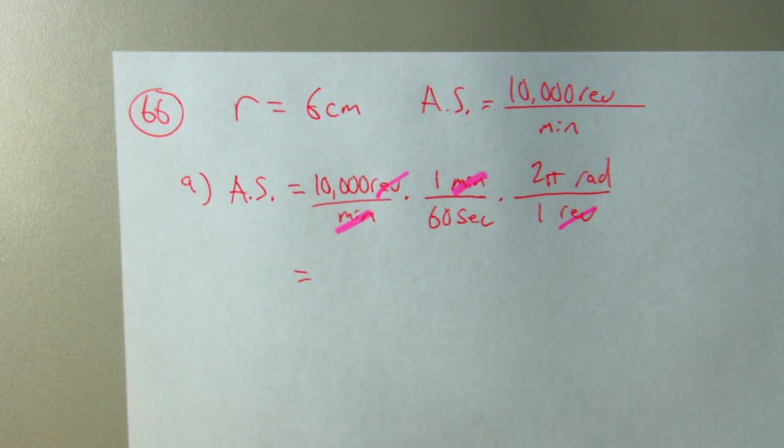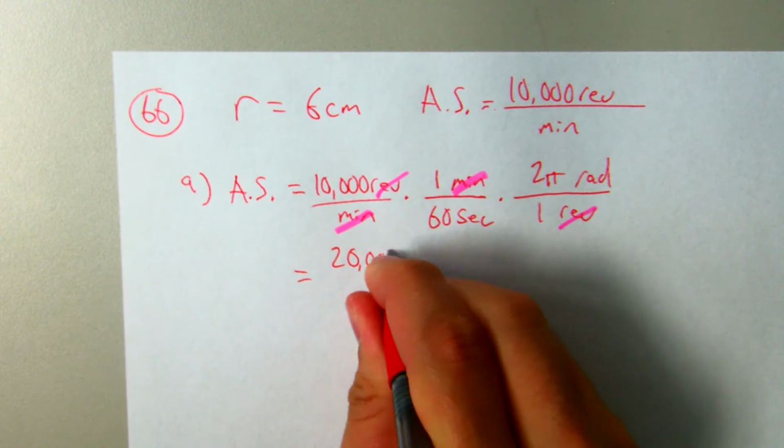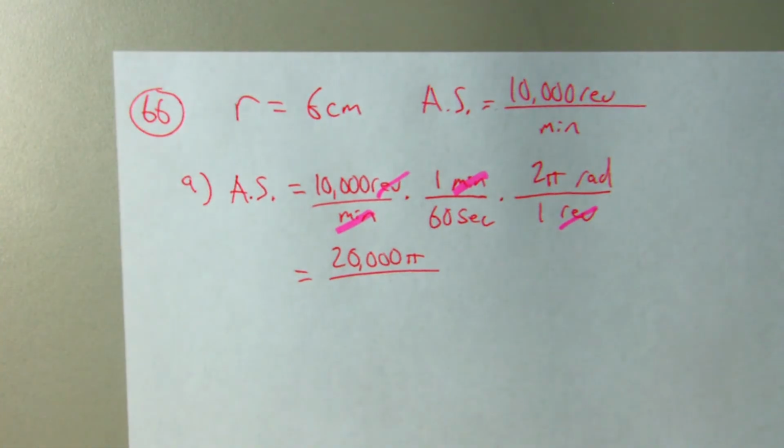So now I would let my calculator tell me what 10,000 times 1 times 2 pi is. Does anyone know if they left the answer in terms of pi? I know this is kind of a hard question, but they did? Okay. So I won't multiply in pi. This would be 20,000 pi as my numerator.